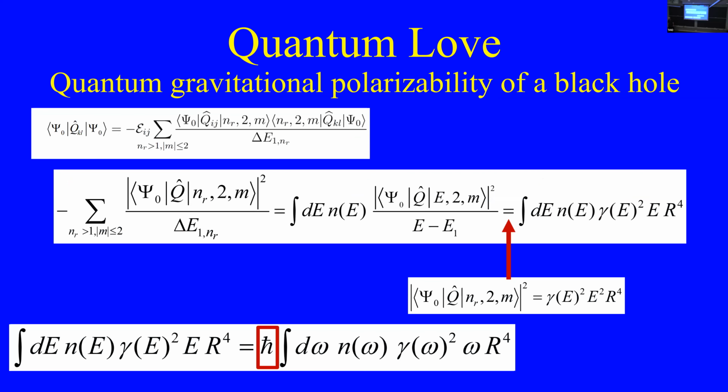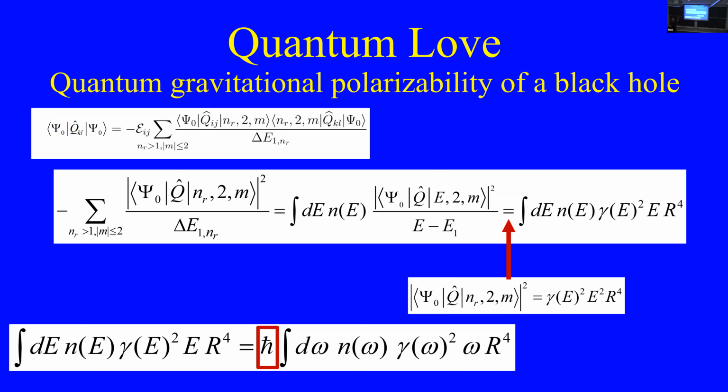In this case, we don't know what the internal spectrum of the black hole is, but this equation is telling you, given a model for the spectrum of the black hole, what it gives you the Love number in terms of that.